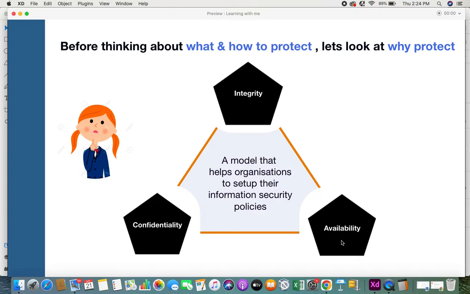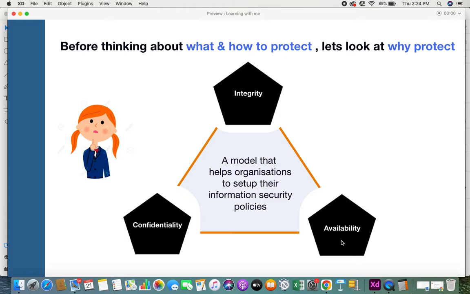And A stands for availability. Imagine you having access to a website or an application, and though you are an authorized user, still the website or the application throws an error, or says that you would be denied service, or certain information will not be displayed to you. Sounds a little frustrating, right? So availability is about making information available to the right people at the right time.